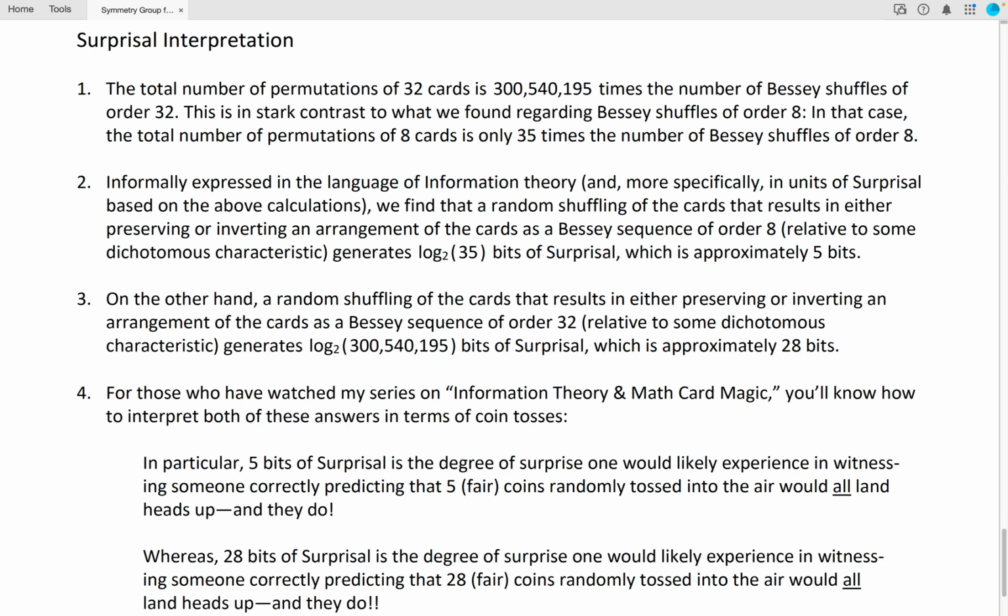And they do. Whereas 28 bits of surprisal is the degree of surprise one would likely experience in witnessing someone correctly predicting that 28 fair coins randomly tossed into the air would all land heads up. And they do.